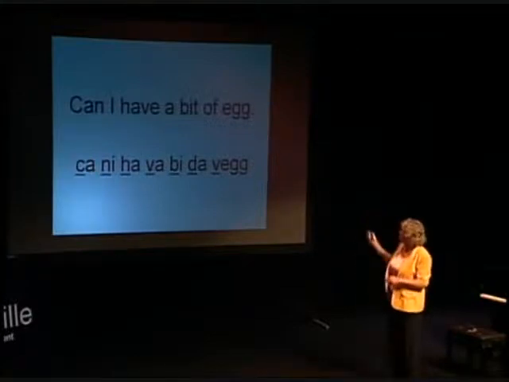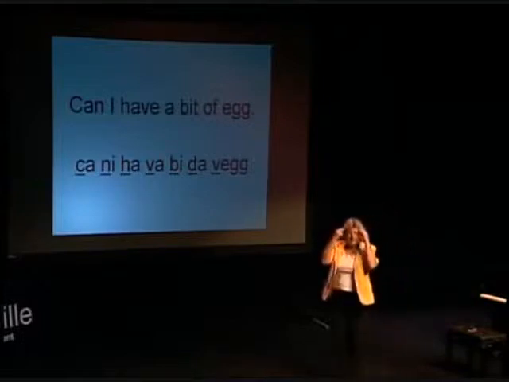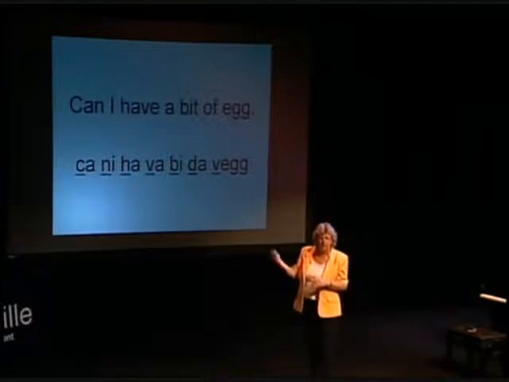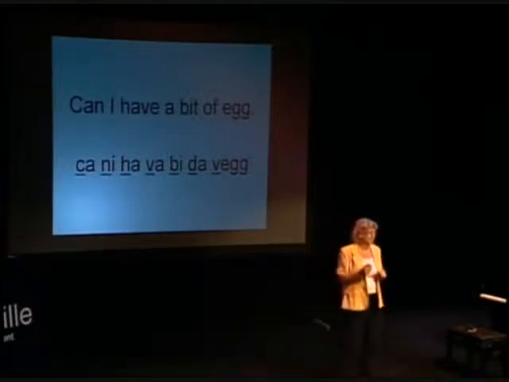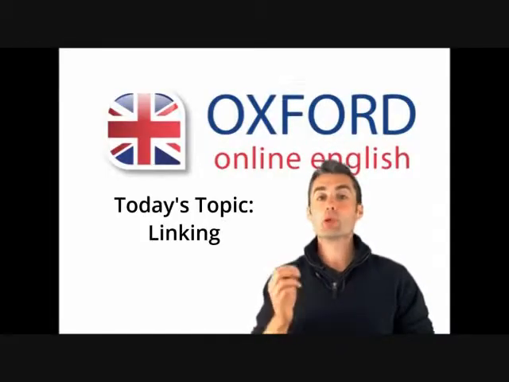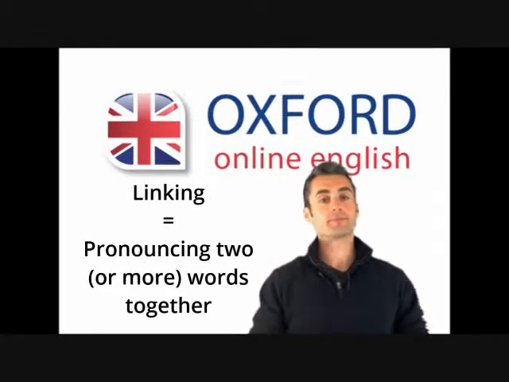Yeah. And this is why 1.5 billion people can't understand us, because they can't reconcile the words that they've learned and the words that they've studied with the words that they hear. And God bless them, they look for vague in the dictionary. Linking is when we pronounce two words together so they sound like one word.